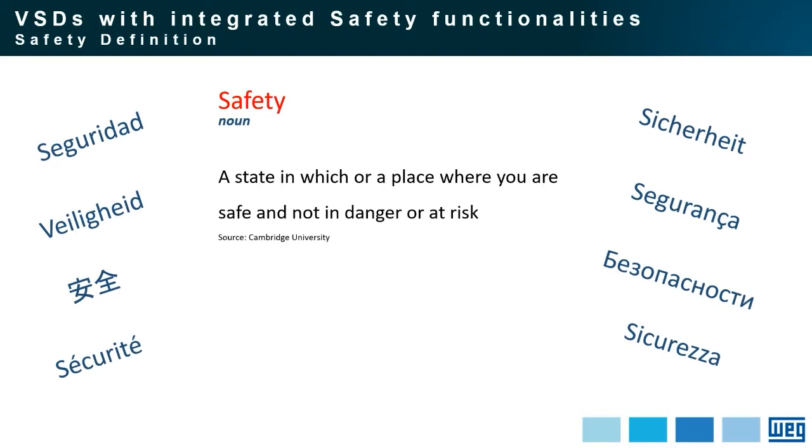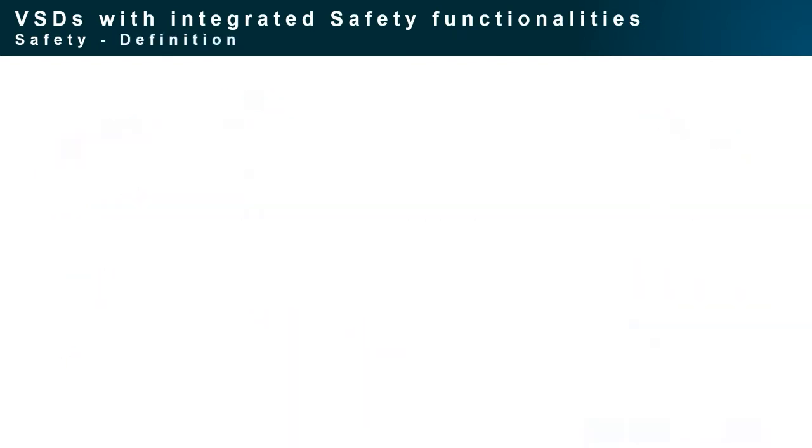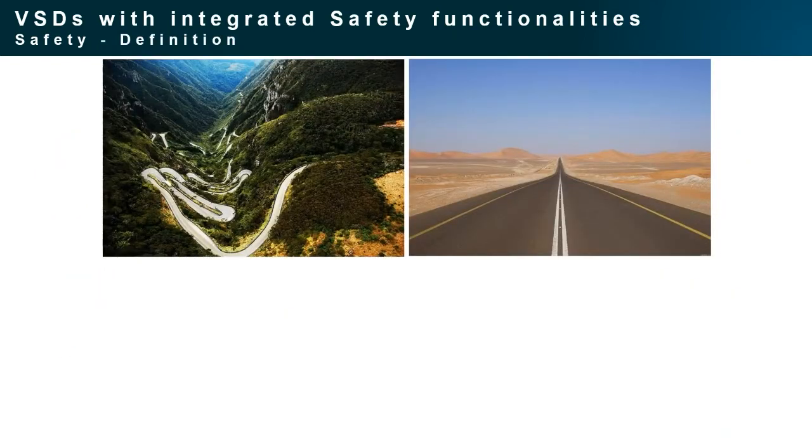But based on this definition, can we state that something is safe or unsafe? How can we define danger or risk? This is not easy to do. It's not easy to define whether something is really safe or not. To explain it in an easy way, I will show you two different pictures, two different roads, and I will ask you: which is the safe one?